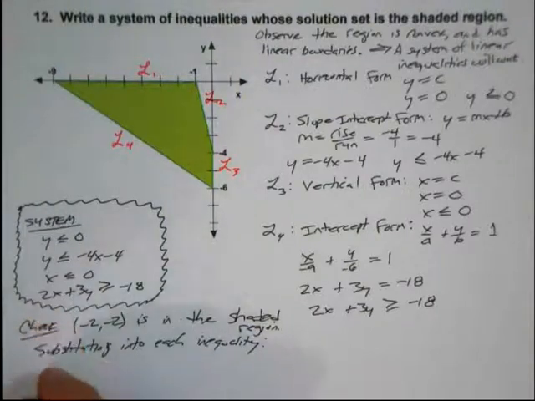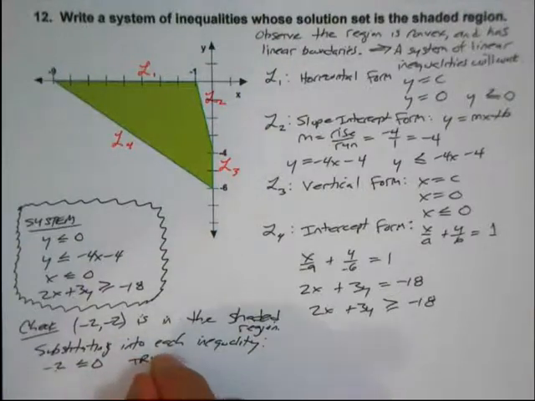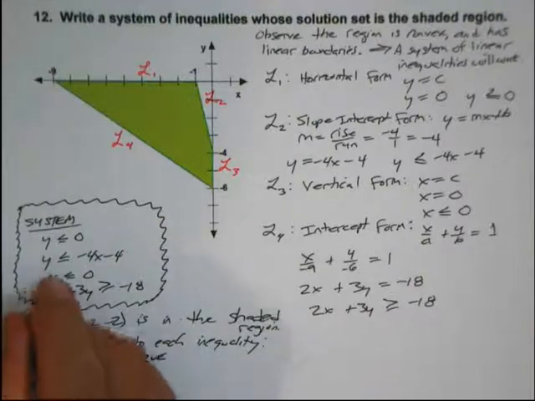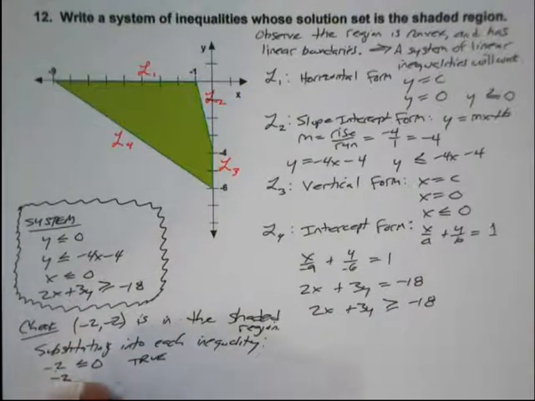The first one, y less than or equal to 0, y is negative 2 in this case. What do we think about that? Let's think of the number line. Negative 2 is indeed to the left of 0. True it is. Second one, y, negative 2, less than or equal to negative 4 times x, which is negative 2, minus 4. What does this inequality say when simplified? The right-hand side is actually positive 8 minus 4, which is 4.